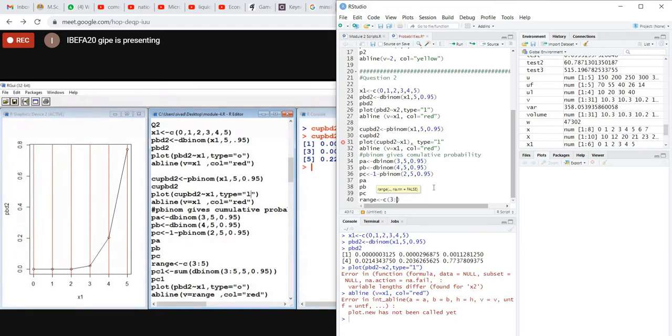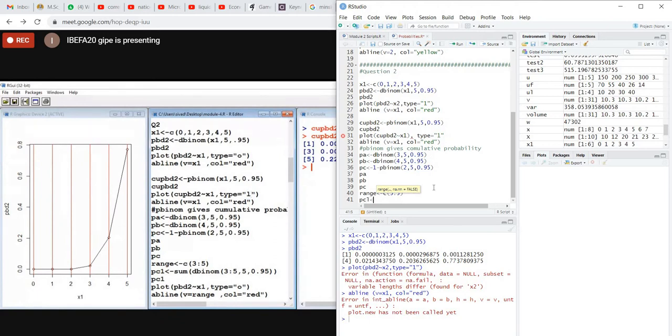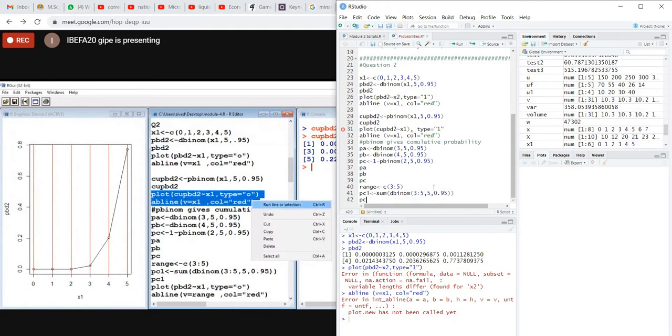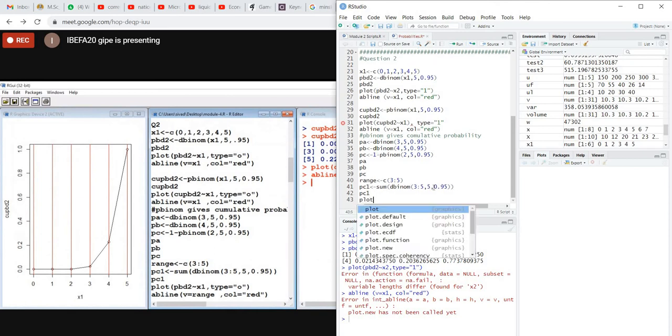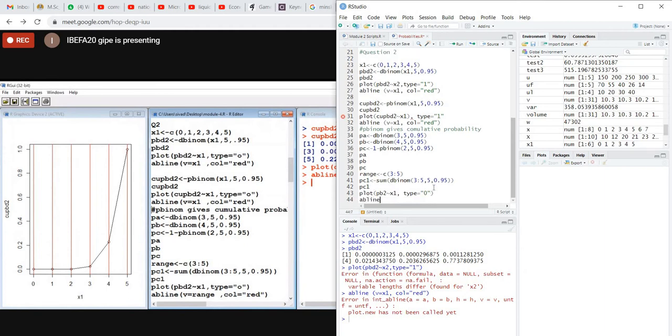Even here we can plot the graph. If I plot the cumulative probability graph, it will look almost similar.